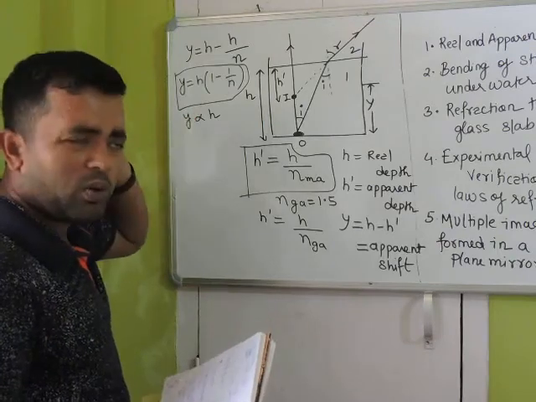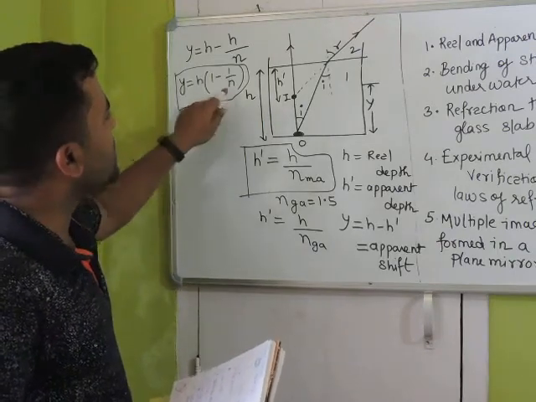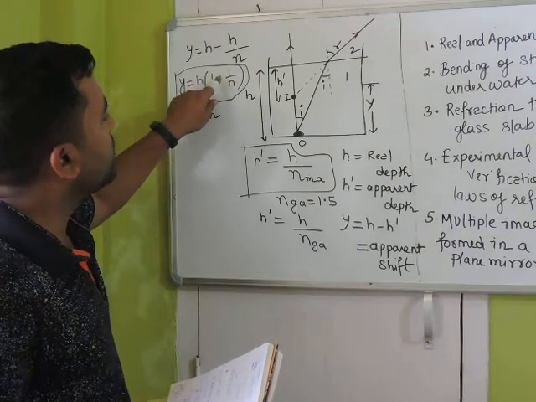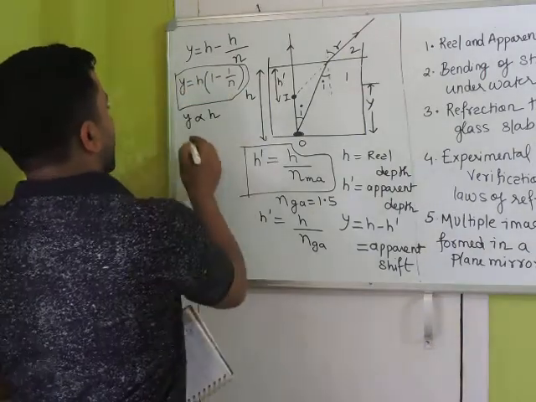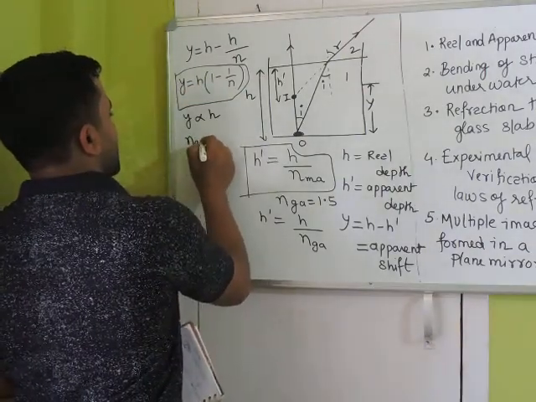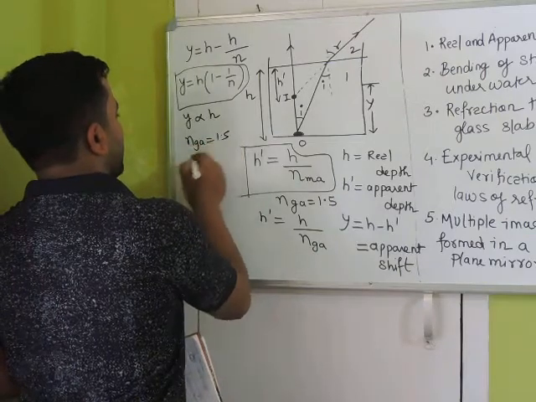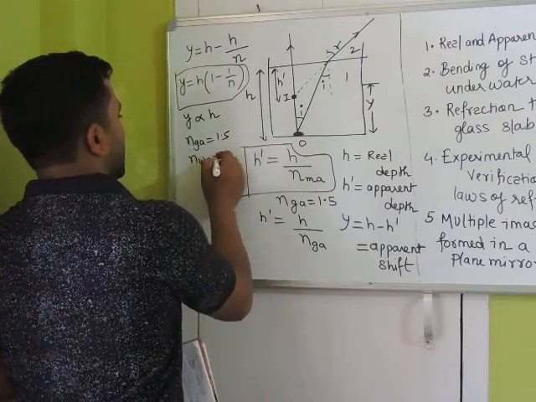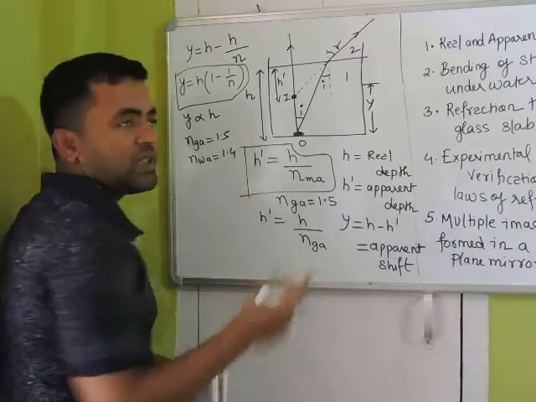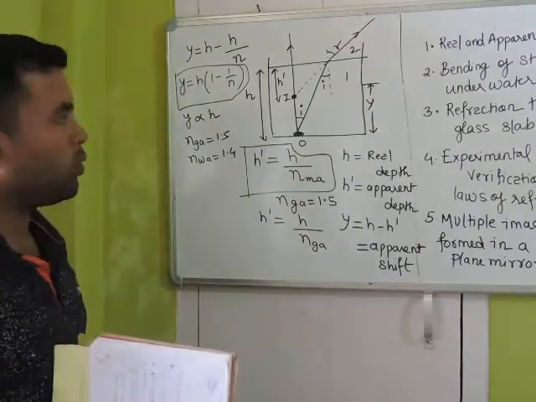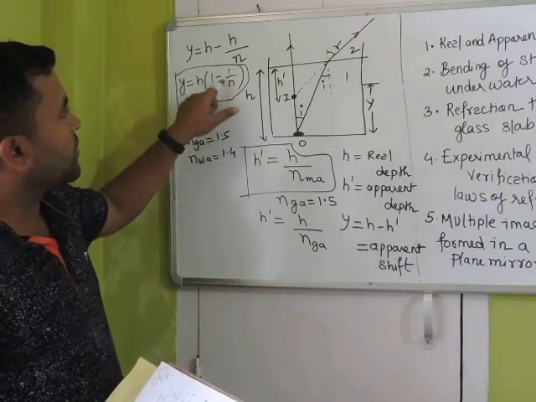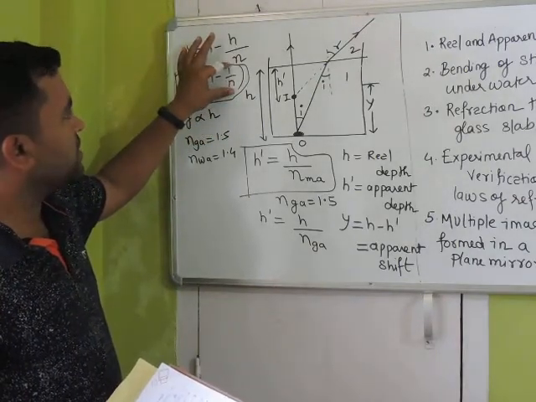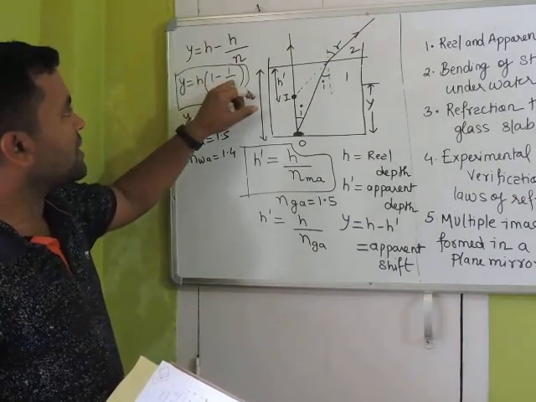Now we all know that, suppose we take glass and water, the refractive index of glass is 1.5 and the refractive index of water is 1.4. So for which case will the shift be more? If you see, if n is more, then this term becomes less. So 1 minus a smaller term will be more.